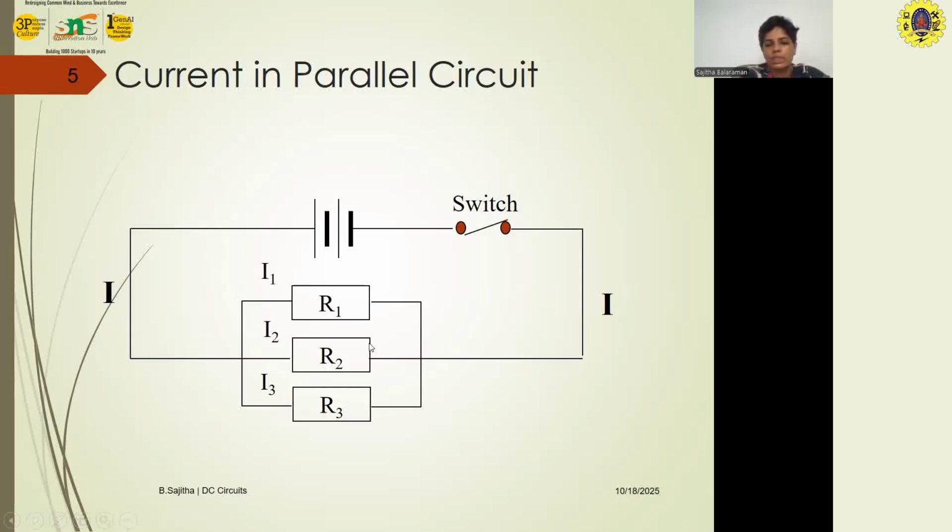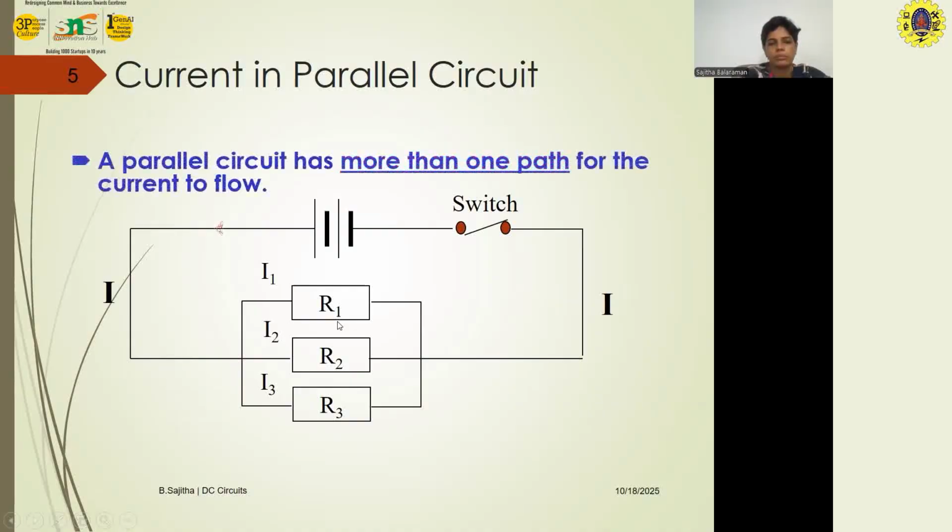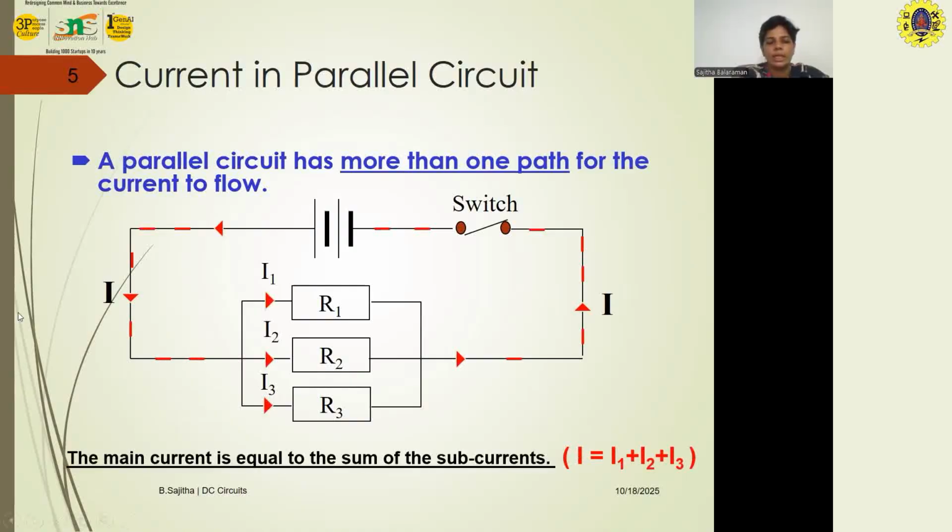Even if one gets disconnected, the rest of the lamps will glow, because the current still flows as the connection is in parallel. A parallel circuit has more than one path for the current to flow. Here the total current I is nothing but the summation of I1 plus I2 plus I3.